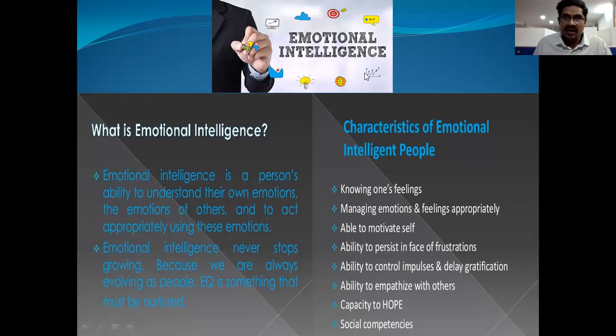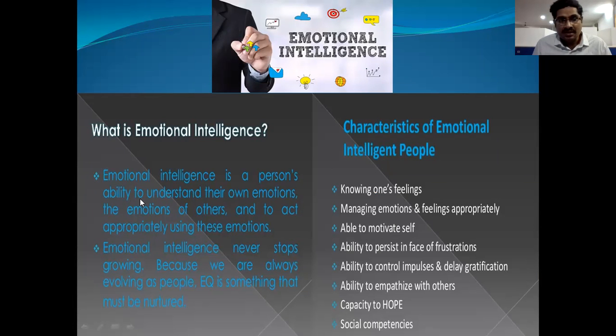Emotional intelligence means controlling our emotions and balancing all emotions. Look at this point: emotional intelligence is a person's ability to understand their own emotions and the emotions of others, and to act appropriately using these emotions.